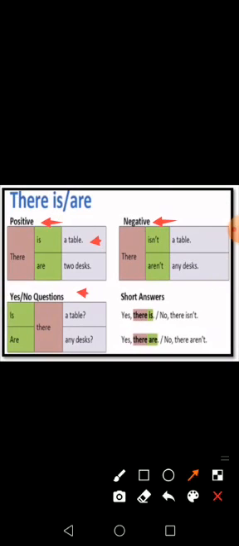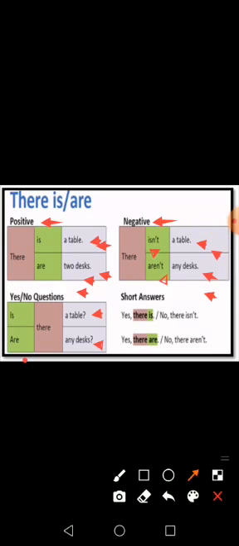There are 2 desks. Singular, plural. There isn't a table. There aren't any desks. Here we have not. Is there a table? Are there any desks?